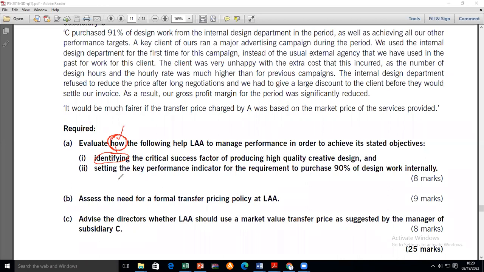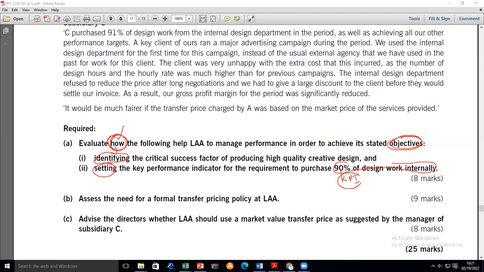Even this time again, it's how the setting of 90% can help achieve the objectives. So this KPI that they set here, do you think that it will help with achievement of objectives? Basically, they're saying that all the companies involved must get 90% of the design work done internally.